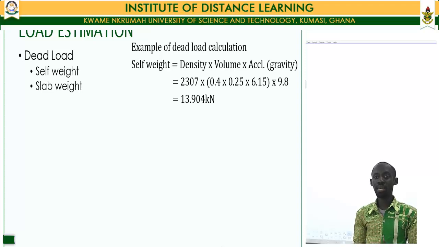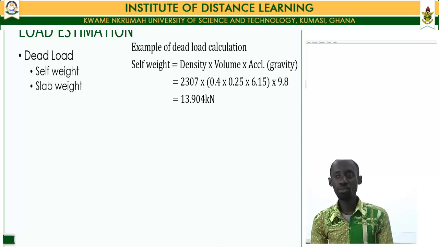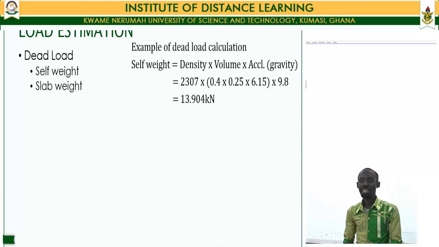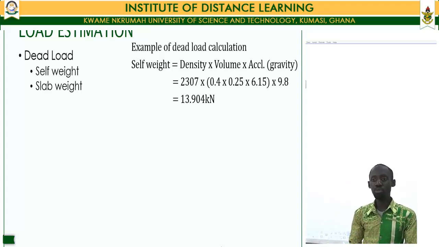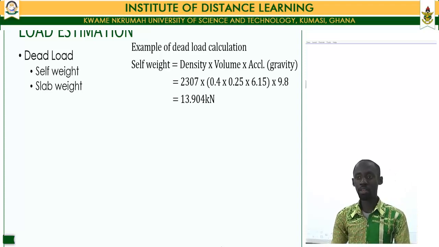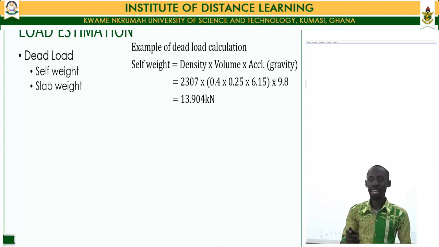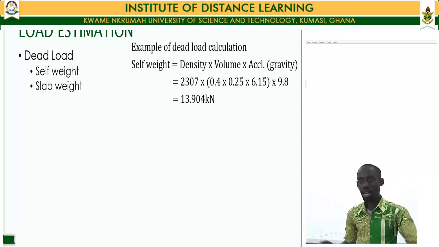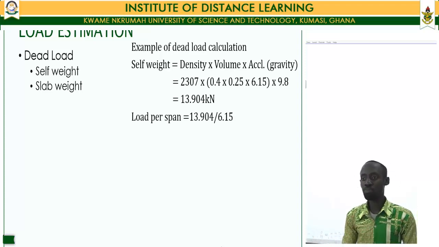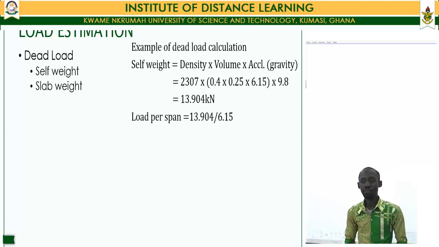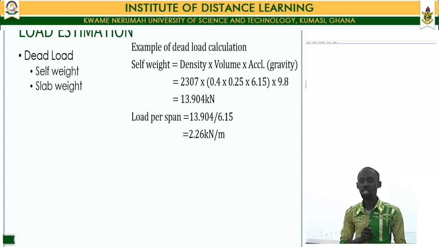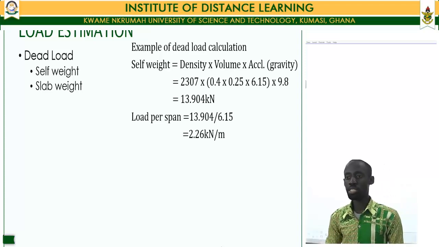Now, when it comes to the design of beams, usually our load values are left in terms of load per span. The load value that we have now is a point load value. So we have to distribute this load equitably along the full length of the beam. So we take the 13.904 kilonewtons and divide it over the full length of the beam, which is 6.15. Dividing 13.904 by 6.15 gives us a load per span for the self-weight only of 2.26 kilonewtons per meter.